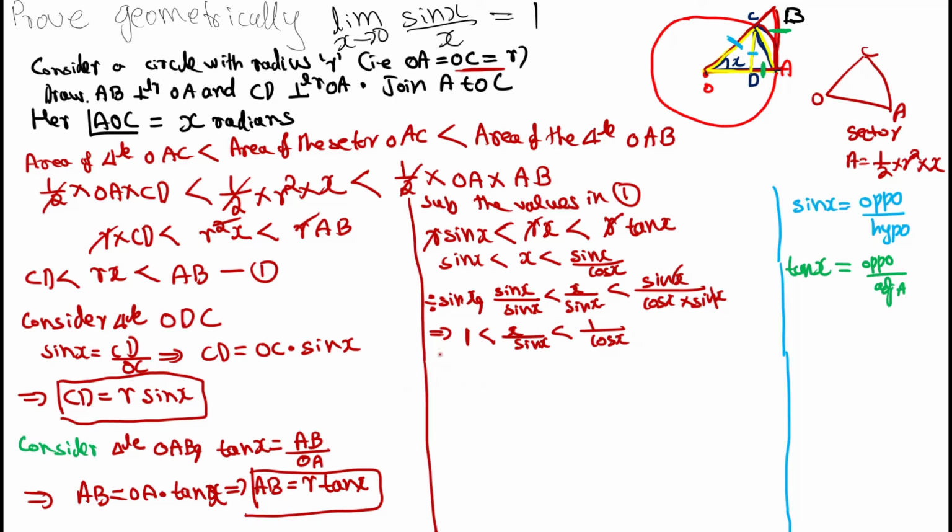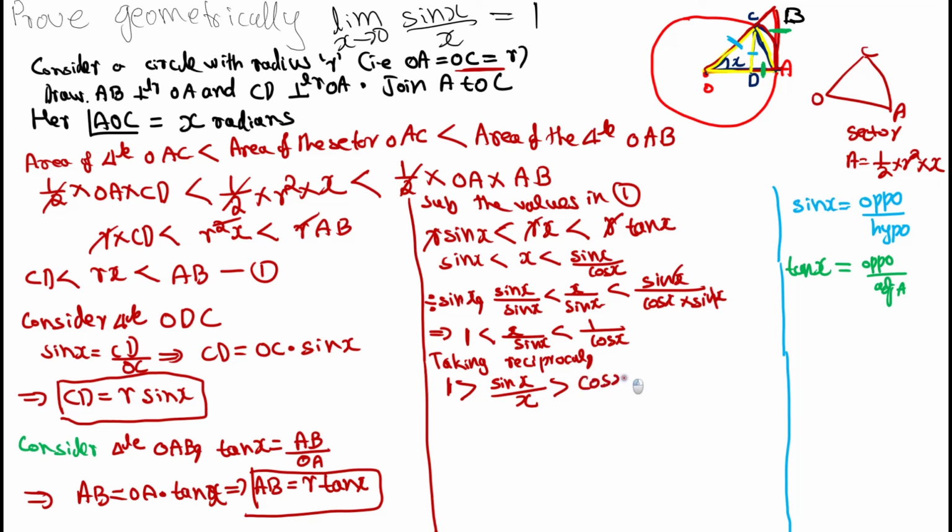Next is the very important step, taking the reciprocal. 1 by 1 is 1. By the property of inequalities, if you take the reciprocal, the sign of the inequality changes. Less than becomes greater than. So 1 is greater than sin x divided by x, which is greater than cos x.